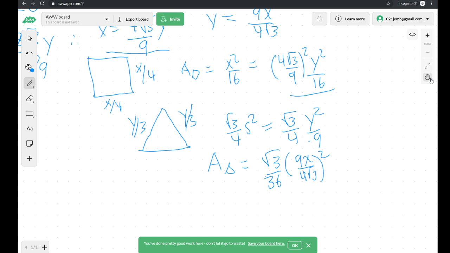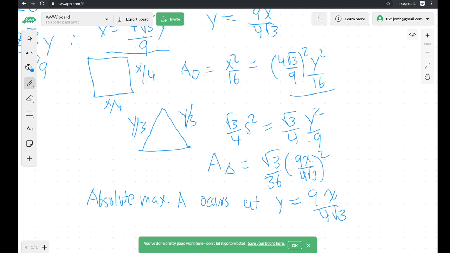So if you were to answer this problem, you can say that the absolute max area occurs at y equals 9x divided by 4 radical 3, and that's a ratio, right?